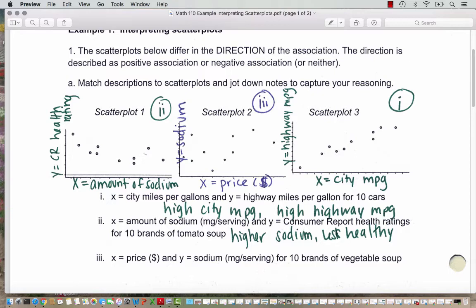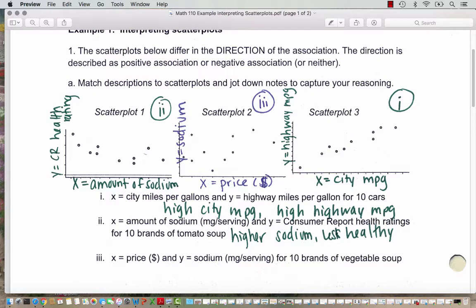So if a soup has more sodium, it seems possible that it would have a lower Consumer Reports health rating because we know higher sodium is probably less healthy. And so that's the note we've put here for our reasoning. Higher sodium soups are going to be less healthy.